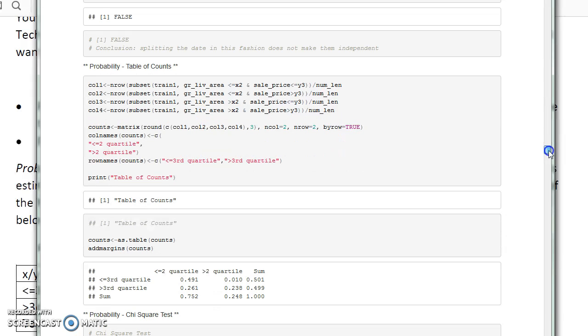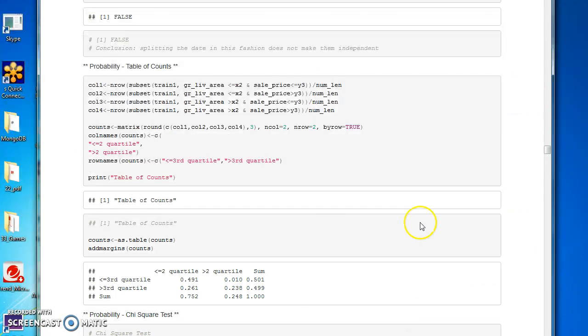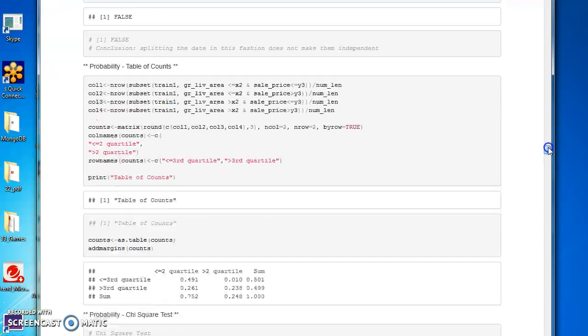And then the table of counts that we needed for the project was to look like this table here. For that, I ran the calculations for each of those using the second quartile for x and the third quartile for y, greater than or less than each one, and put those in different columns.